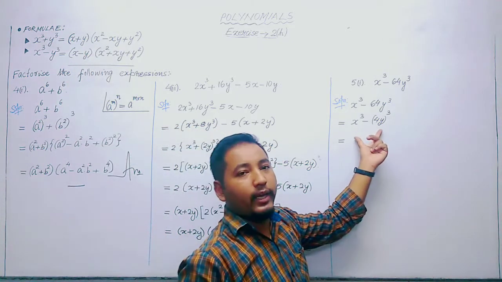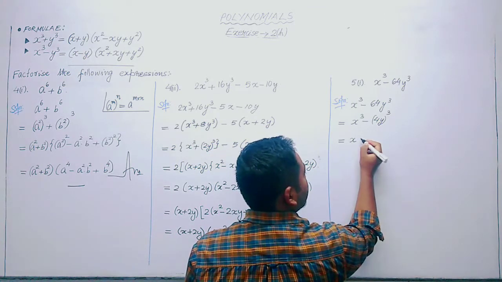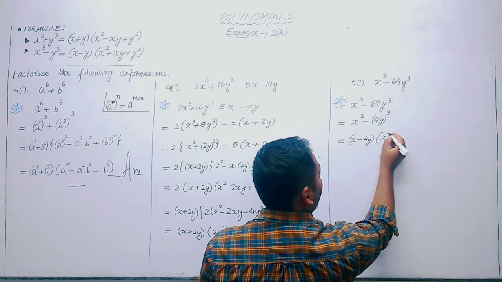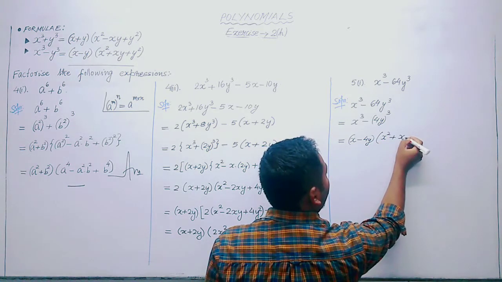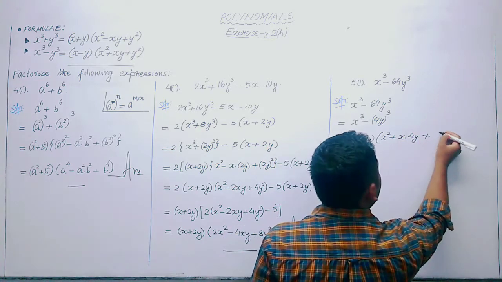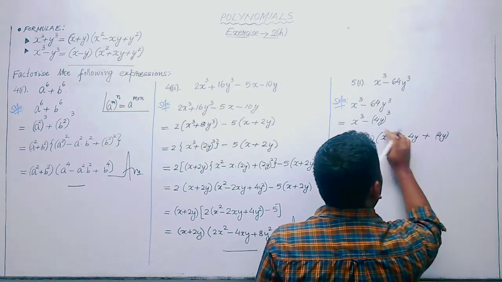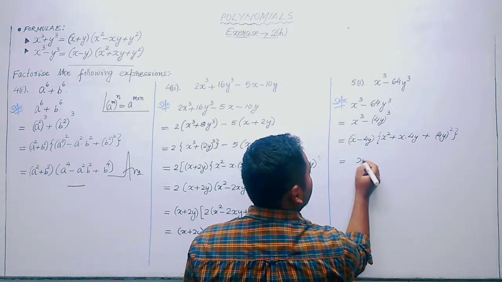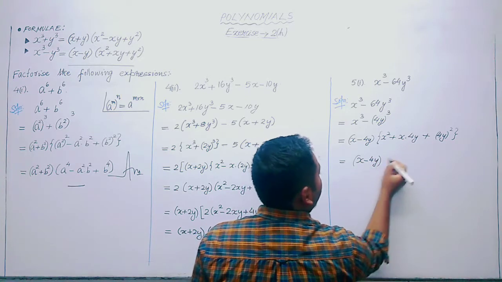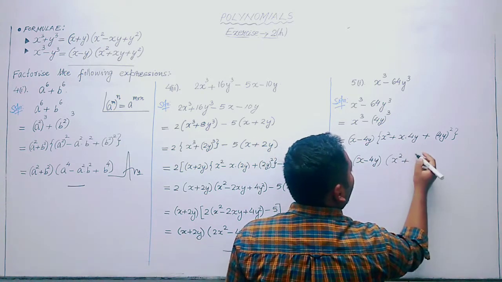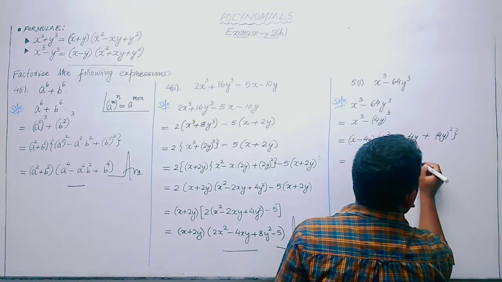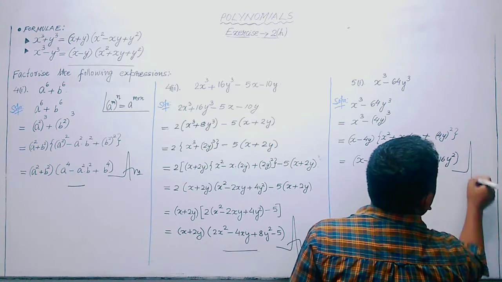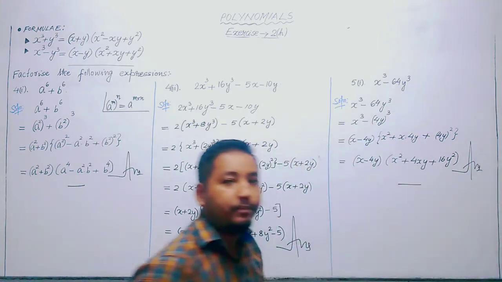So using that formula here, I'll have x minus y into x square plus x into y plus y square. So I'll get here, I write down x square plus 4xy plus 4 square is 16 y square. That is our required answer.